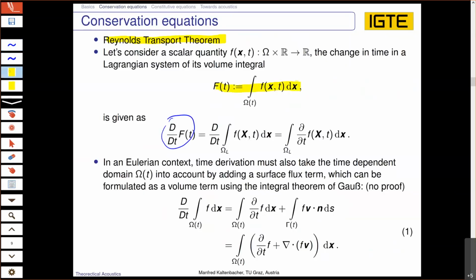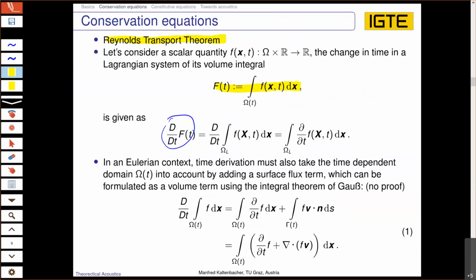You can imagine that capital F would be exactly the mass and small f the density. When you integrate the density over the volume, you get the total mass within a volume omega. So omega is for us always the volume. And you are now interested in the total change of this physical quantity capital F, which is, for example, the mass.